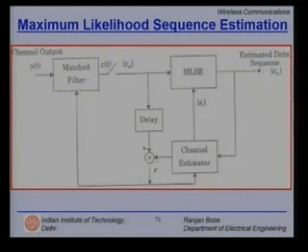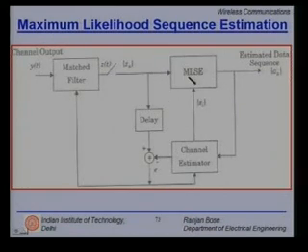So, let us look at the block diagram of the maximum likelihood sequence estimation. Here, for a change, this is a different structure. There is the input y(t), which goes through a matched filter, and immediately you have z(t). You sample it to get z_n, and you work on the samples.